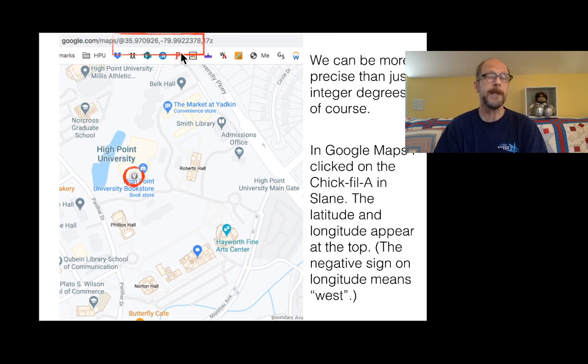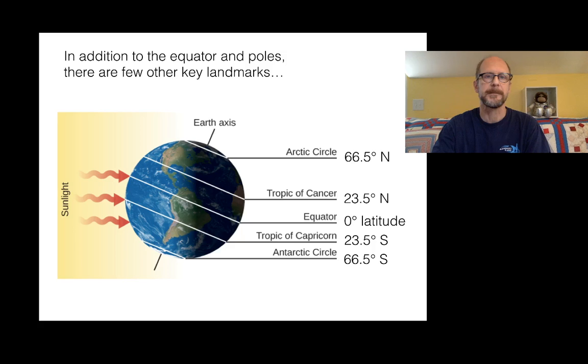And so the Chick-fil-A, for future reference, is at a latitude of 35.97096 degrees north and a longitude of 79.9922378 degrees west. And that is where the Chick-fil-A is in Slane on the surface of the Earth.